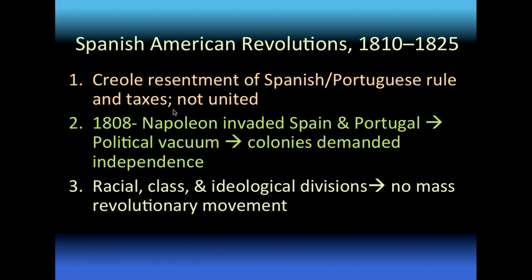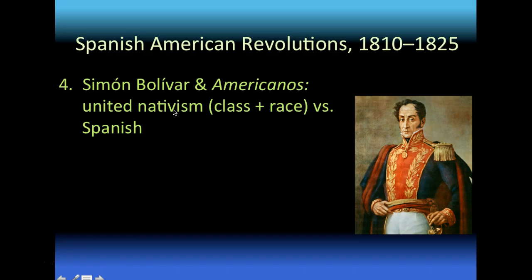There wasn't one united group fighting for a revolution. Simón Bolívar was one man who did try to unite a big group of people, and he led this idea of united nativism, and he called people Americanos. If you were born in Latin America, in Mexico and down south of Mexico, you were considered an Americano.